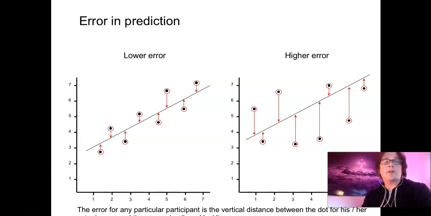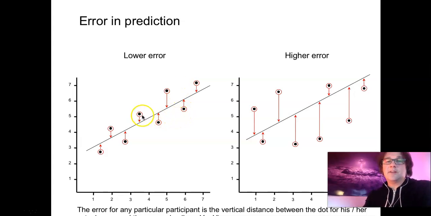any particular participant is the vertical distance between the dot for his or her actual score, right? These dots represent actual scores, and the regression line, right? So the error for any particular participant is going to be represented by how far away their score is from this line.